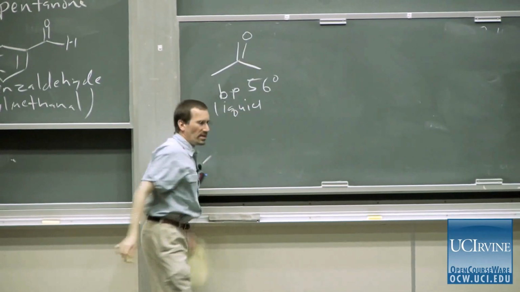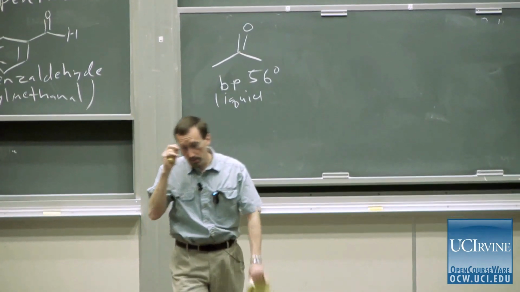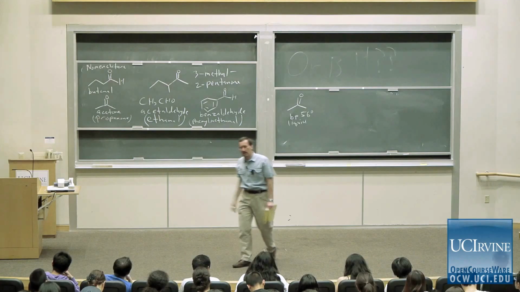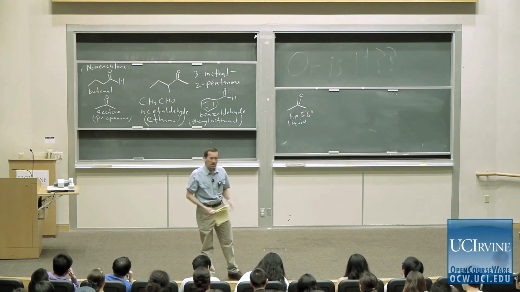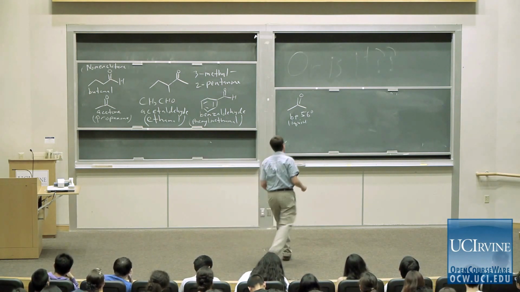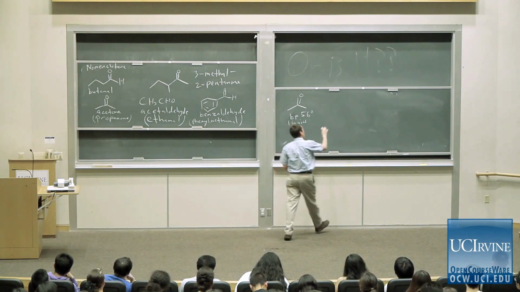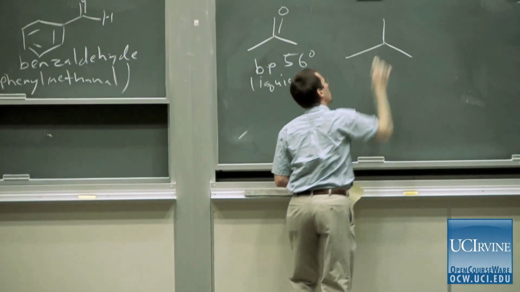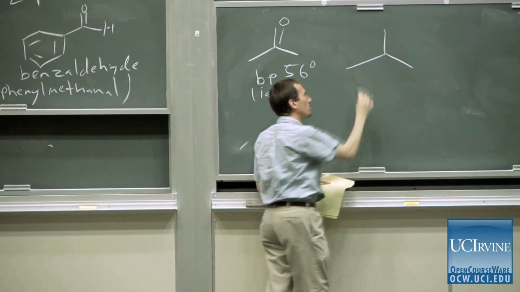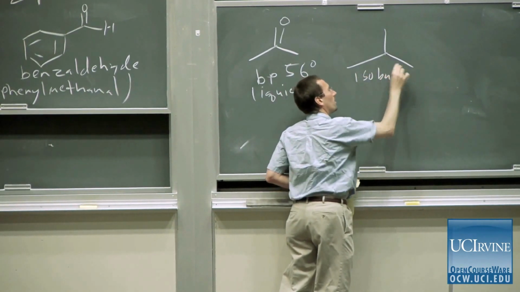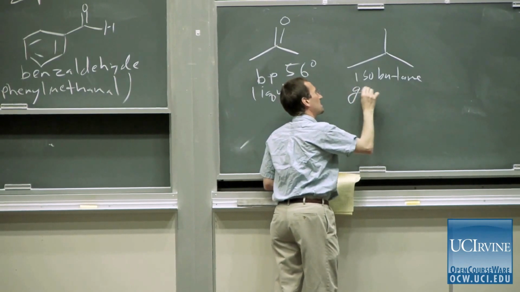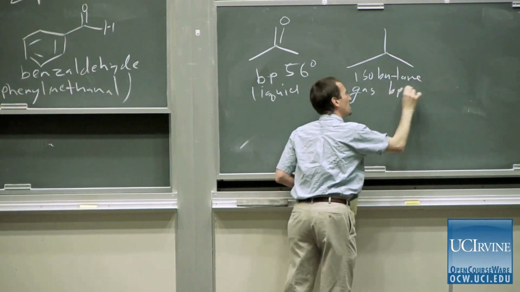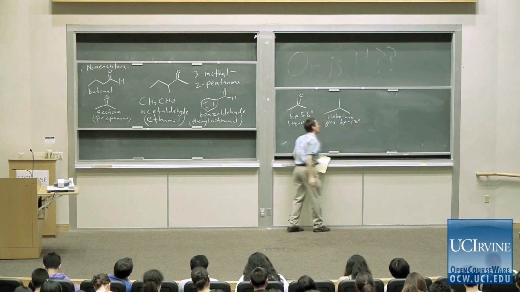One of the things that one can do is put properties of compounds into context, comparing them to similar sized compounds. So for example, if I look at a similar sized compound containing just carbon, isobutane, by comparison is a gas with a boiling point of -12 degrees.